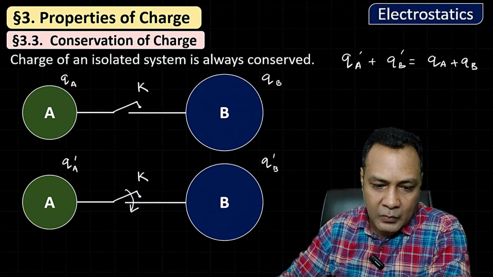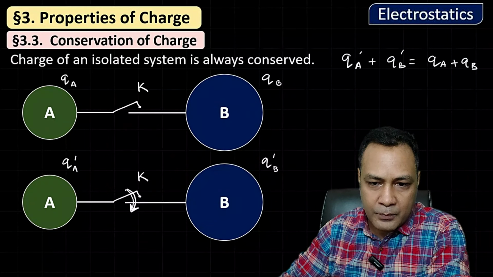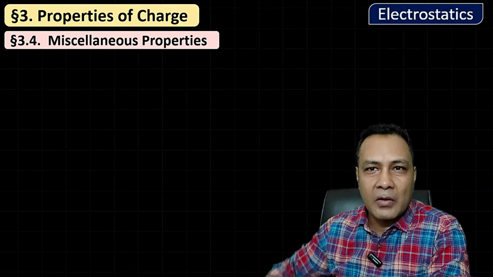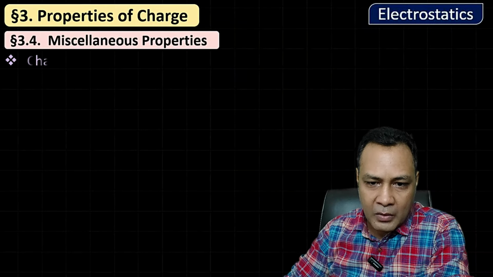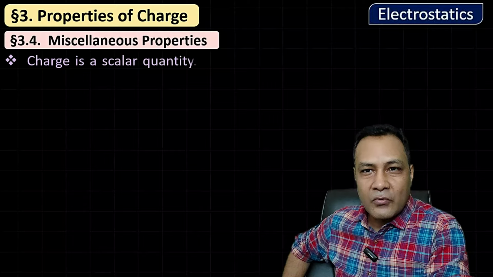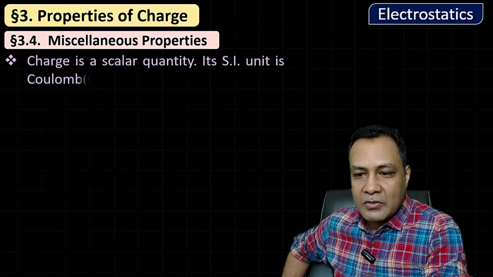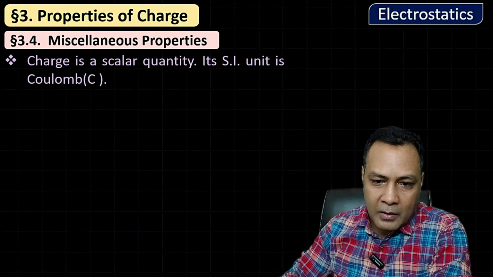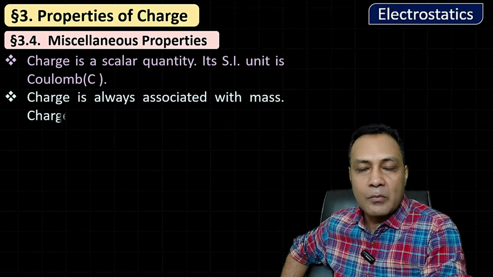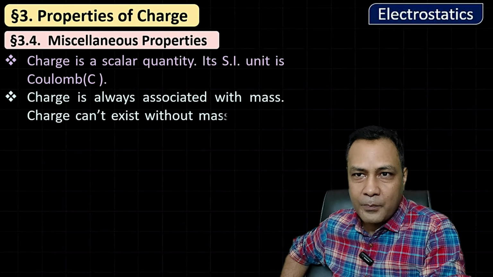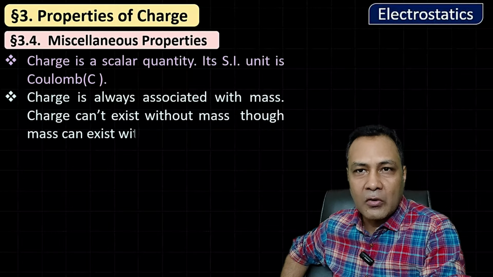Then the next properties, which I can say are miscellaneous properties. Charge is obviously a scalar quantity. The SI unit is the coulomb. The charge is always associated with mass or matter. We cannot have charge without matter.